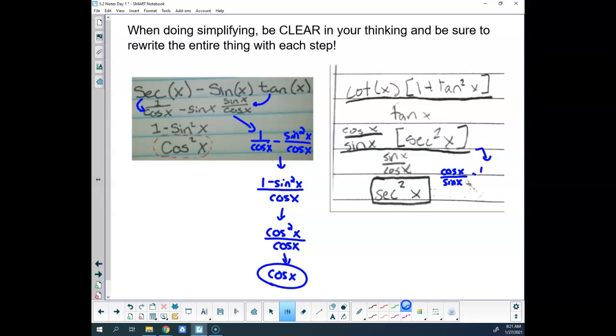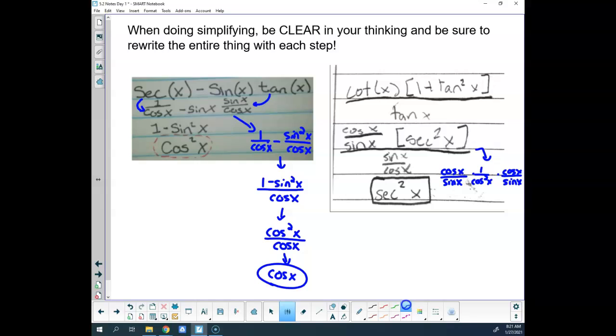Secant is 1 over cosine squared. And when you divide by a fraction, you multiply by the reciprocal. Okay? So that would have been a logical next step.